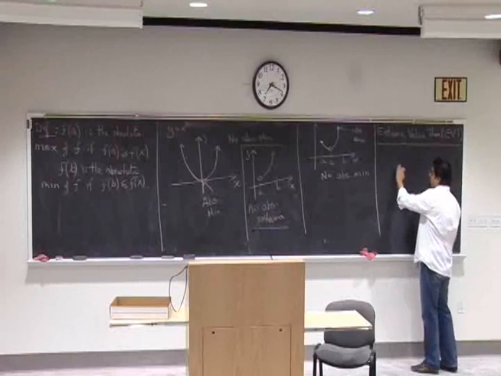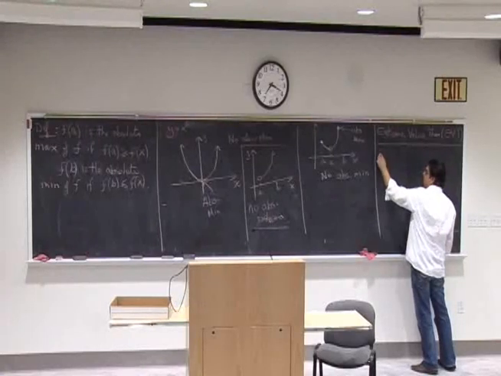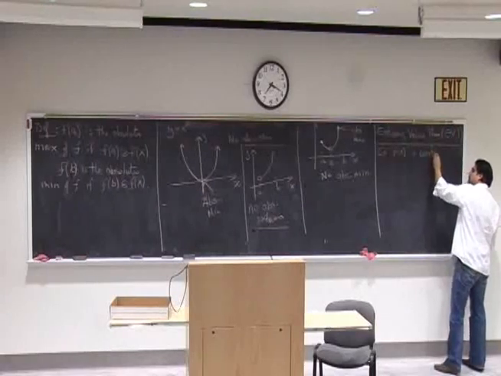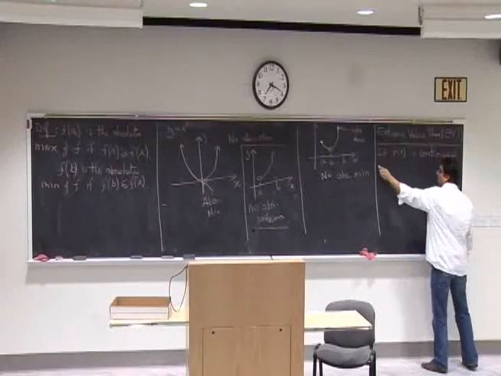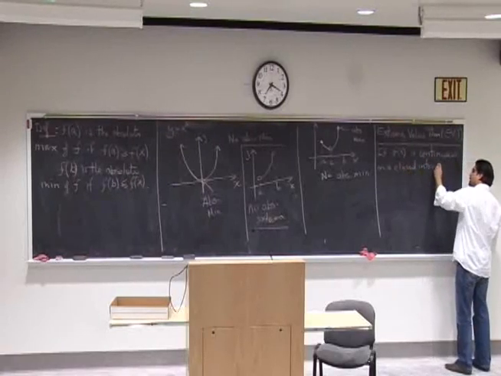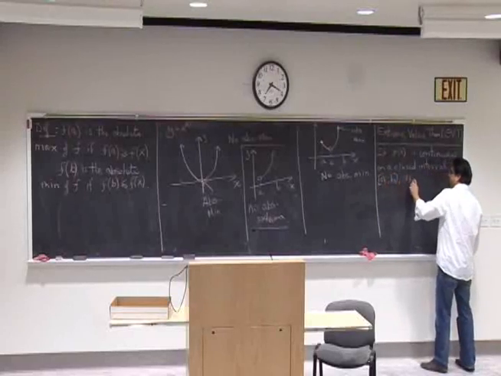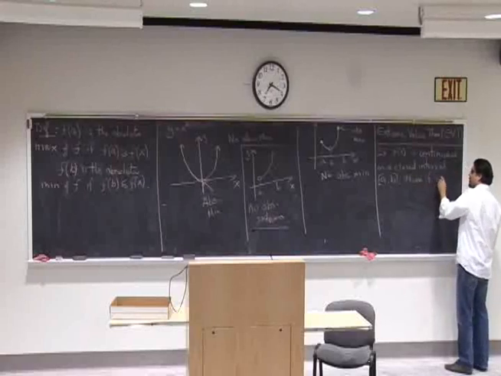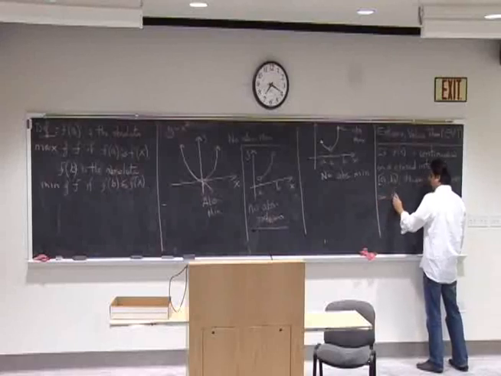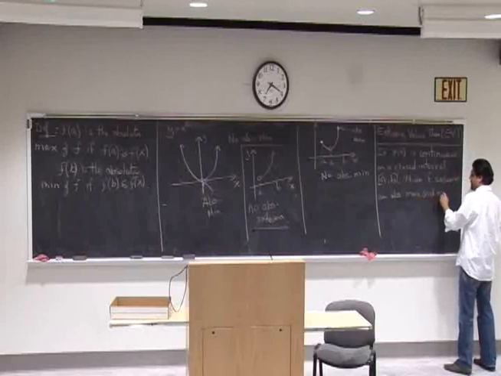It's very intuitive. Once I write it, you'll see why. So here's what it says. If f of x is continuous on the closed interval AB, then f assumes an absolute max and an absolute min.